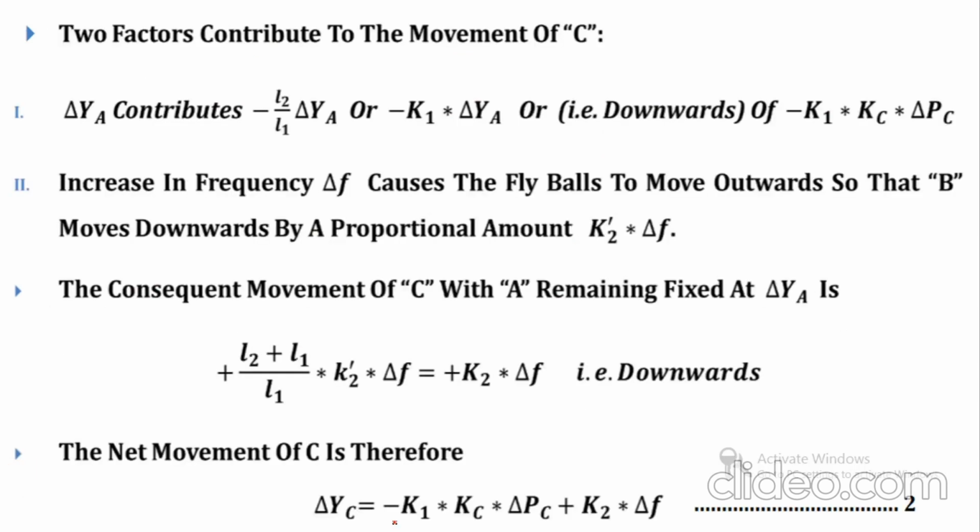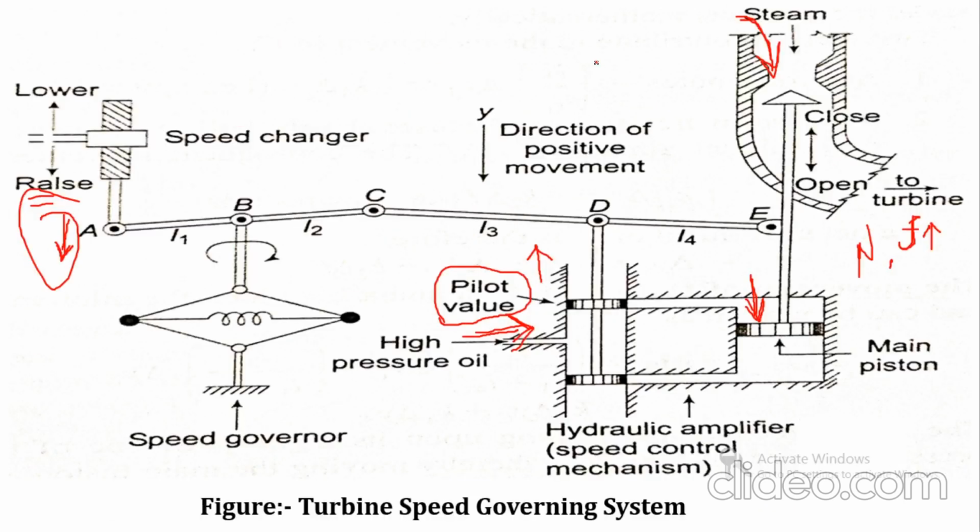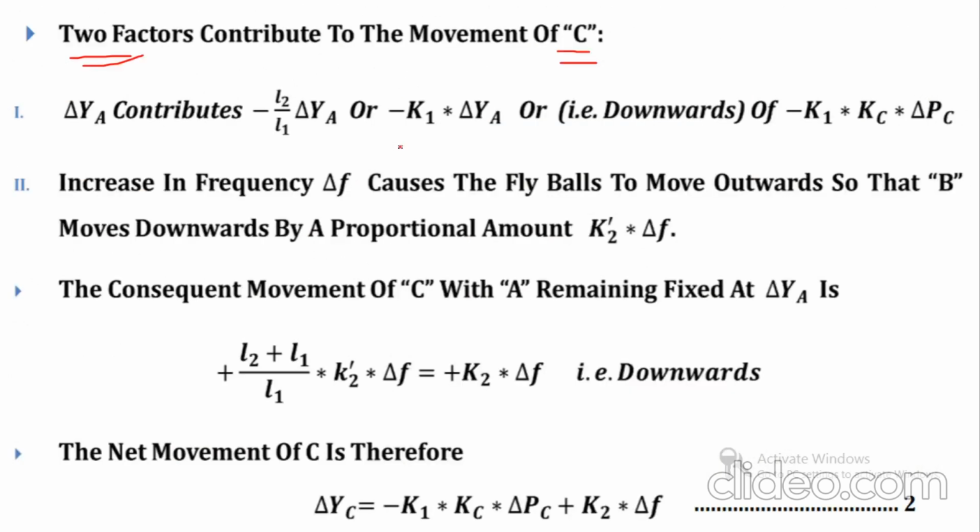So two factors will contribute to the movement of C. This is our pivot point, near the pivot point C. At this point two main factors will be considered. The first factor is delta YA.